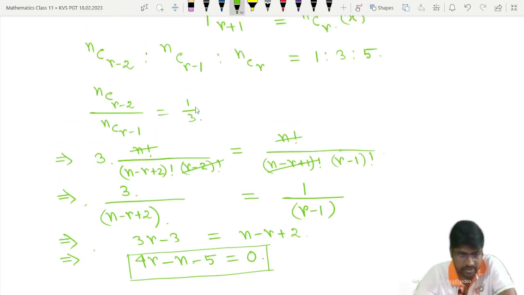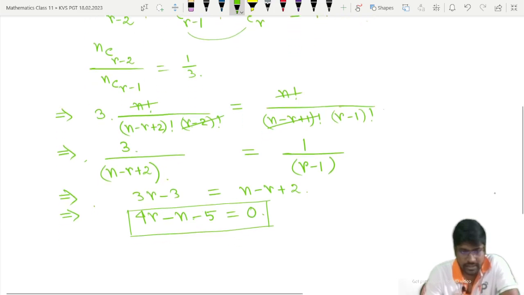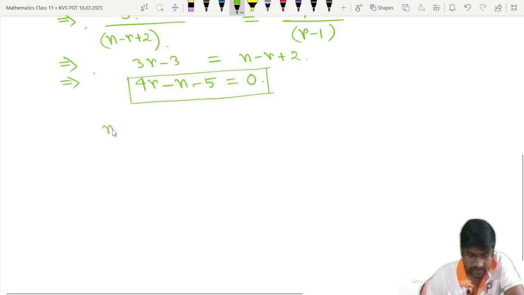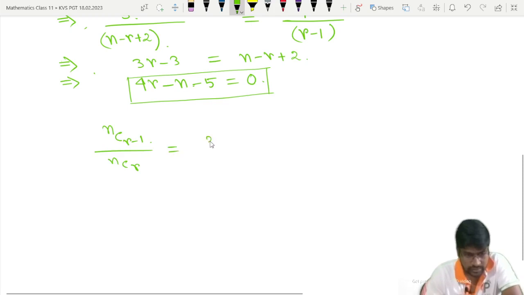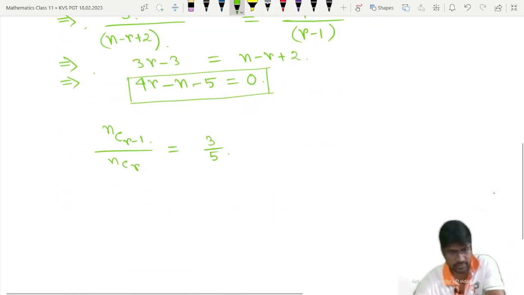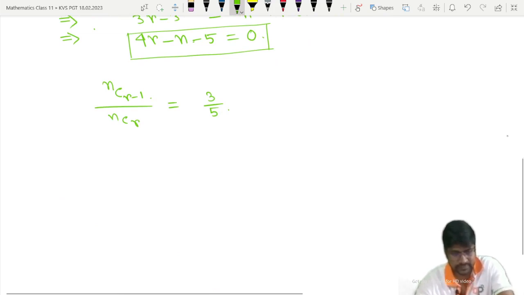Now we will take the next ratio in the same way, nCr minus 1 and nCr. This will be equal to 3 is to 5. So nCr minus 1 divided by nCr is equal to 3 by 5. Let me check once again, nCr minus 1, nCr, 3 is to 5.